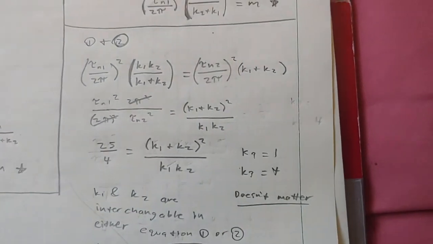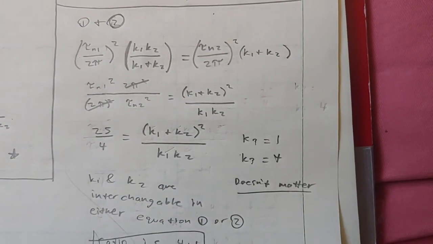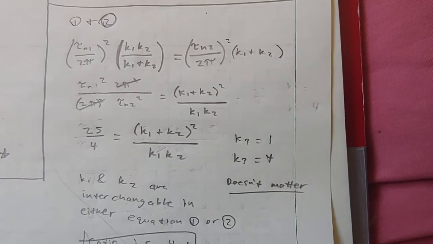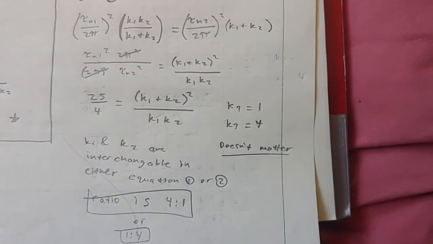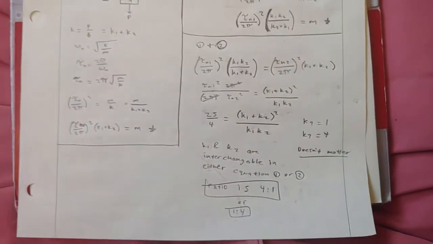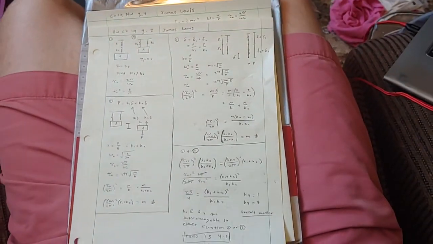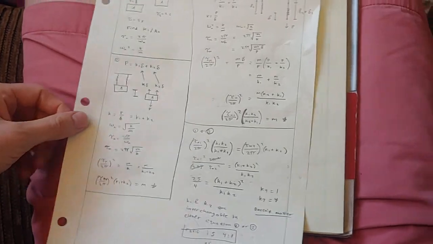So there really isn't any difference between K1 or K2. They are interchangeable in either equation 1 or 2. So our ratio is going to be 4 to 1 or 1 to 4, however you want to set it up. That is our answer for question 2.